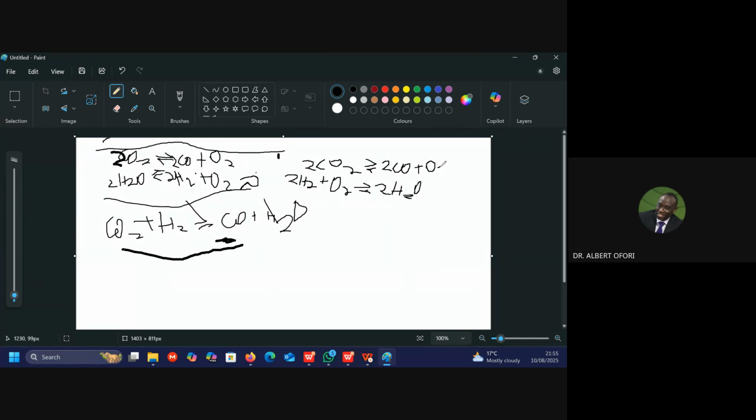So this oxygen will cancel this oxygen because one is at the reactant side, one is at the product side.